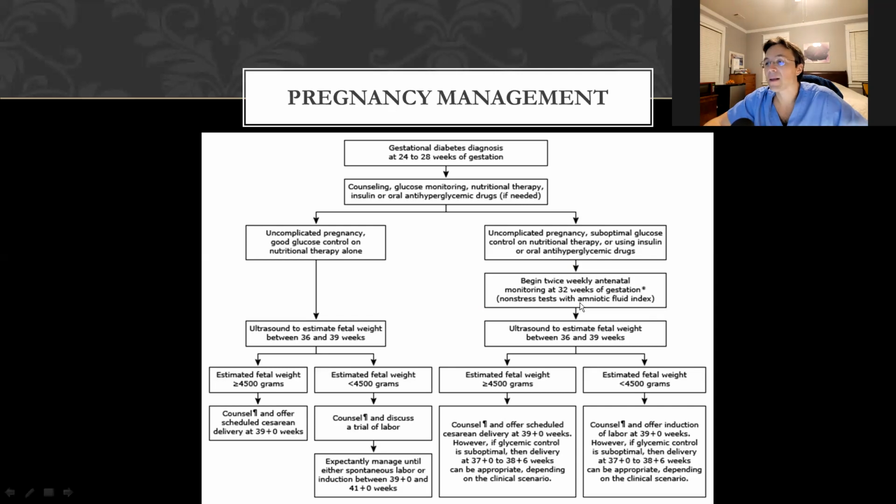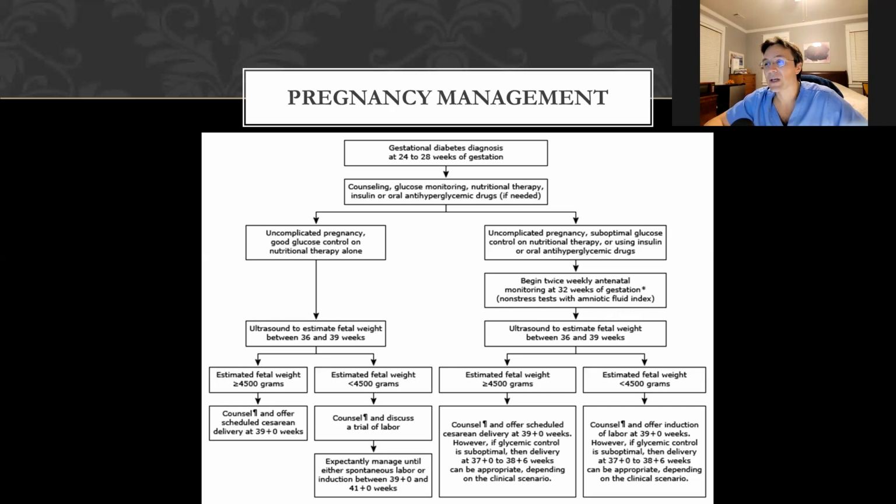And fetal ultrasound will allow us to determine the amniotic fluid index, right? It's just additional precautions. We want to look into polyhydramnios and other issues associated with it.